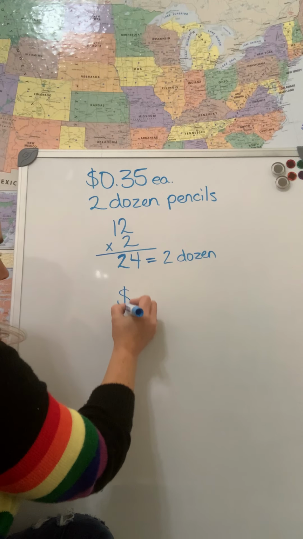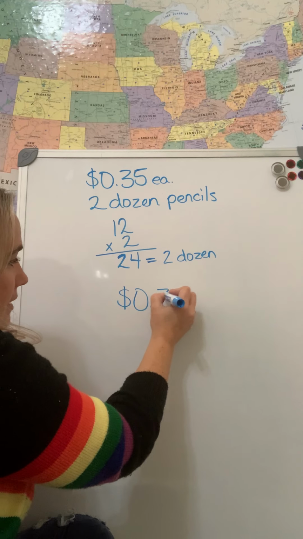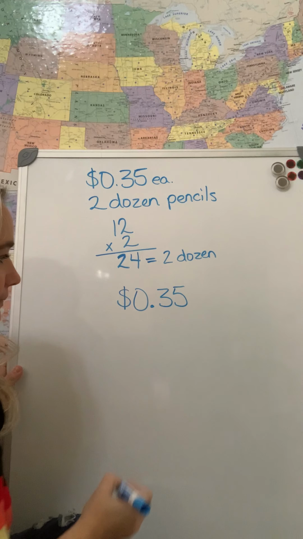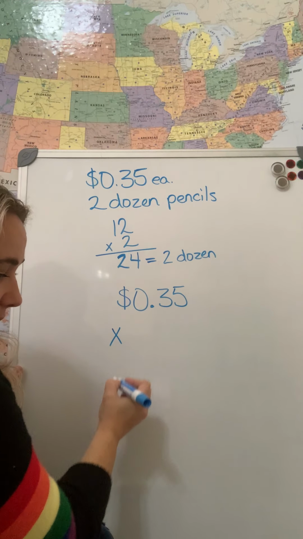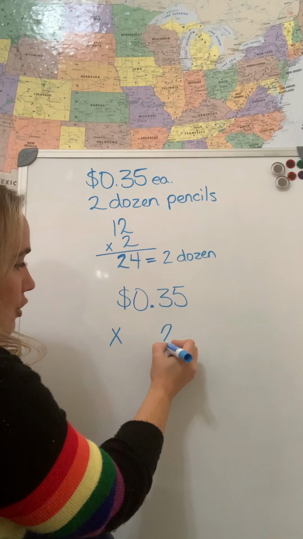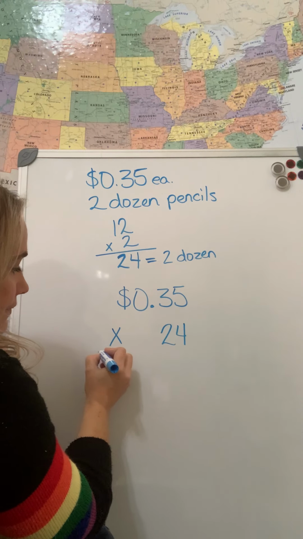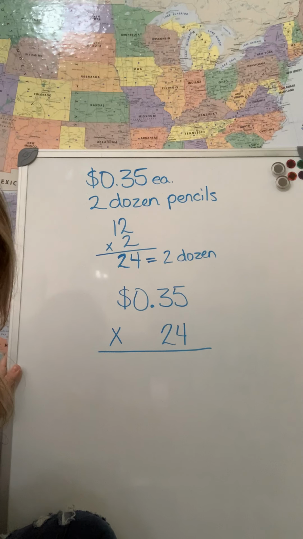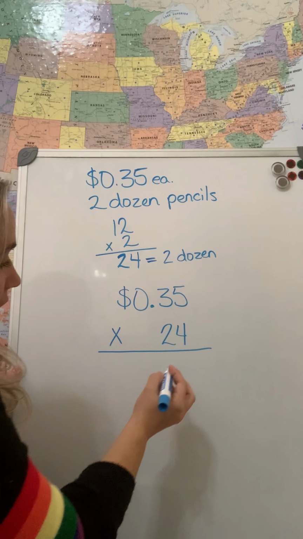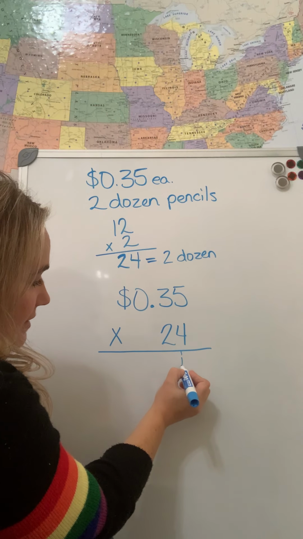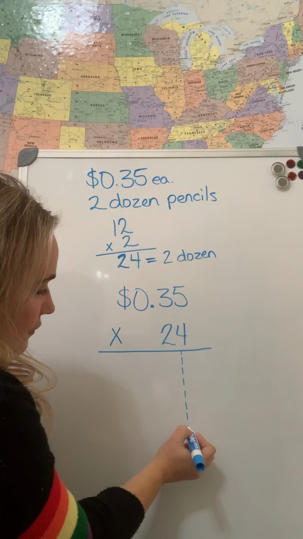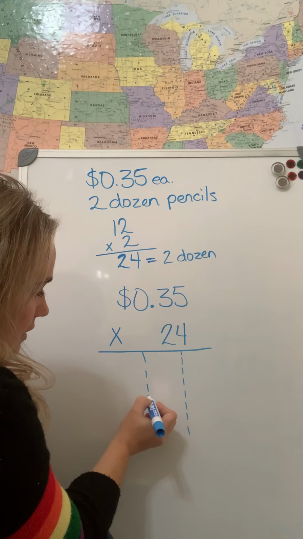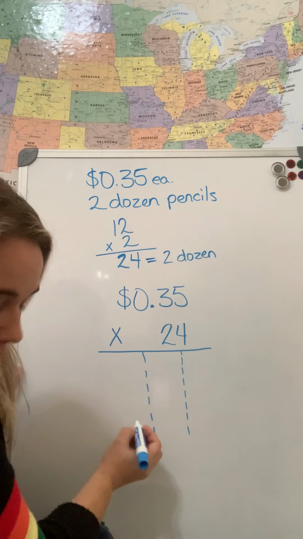We're going to set up our cost, 35 cents, and we're going to multiply that by our 24, okay? And I'm going to show you how they do that here on your little worksheet today. They actually make kind of a grid for you to keep your spacing accurate.